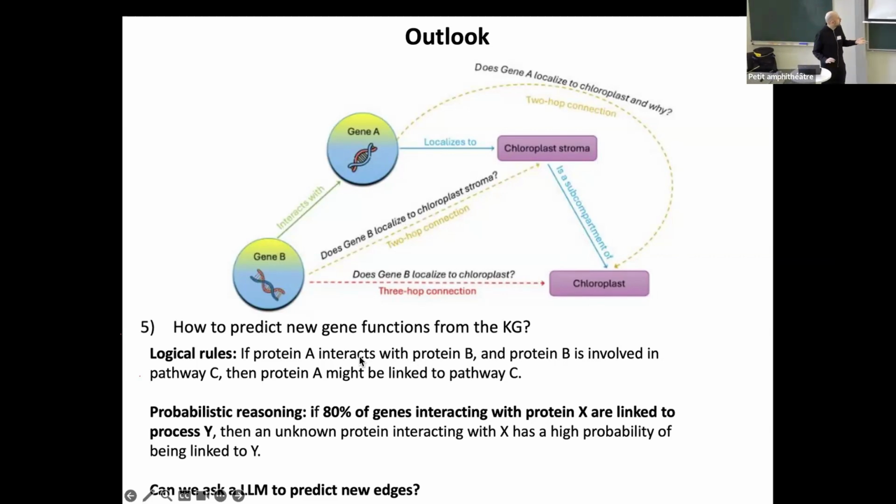And this could be done by using large language models. They're quite good at reasoning, especially if you give them some examples. But we could also use some kind of symbolic reasoning, which is based on well-defined rules, or even probabilistic reasoning.